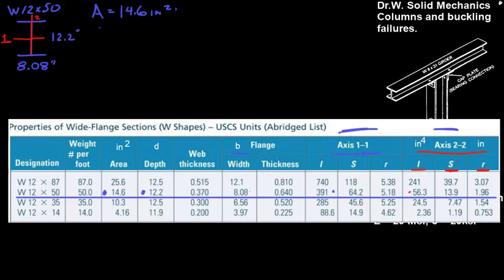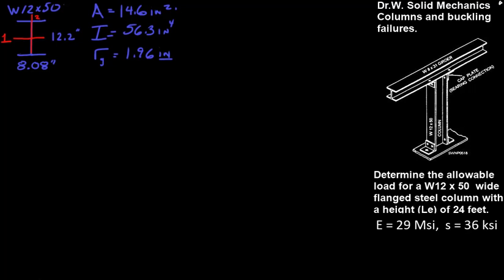So we have an I of 56.3 inches to the fourth, and we have an R sub G of 1.96 inches. We're told the length here is 24 feet, so the length effective is 24 feet.